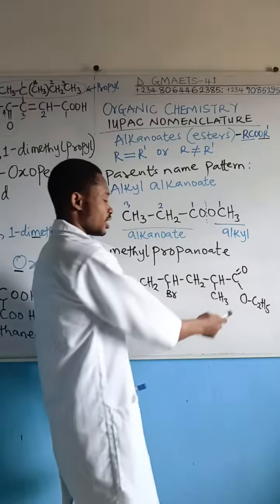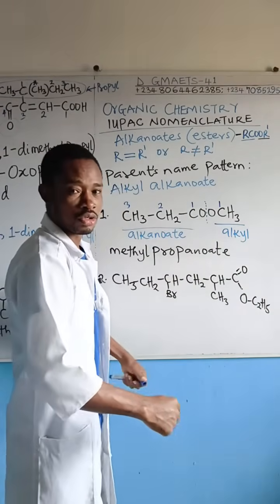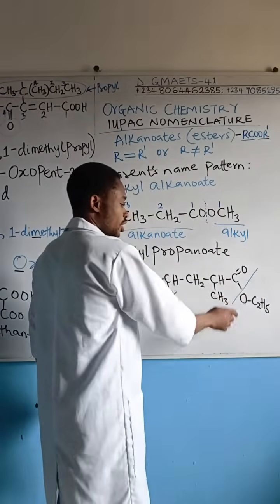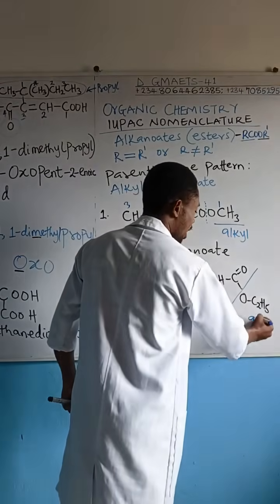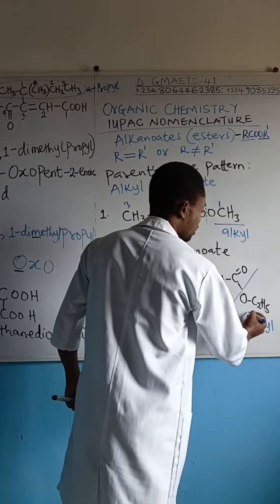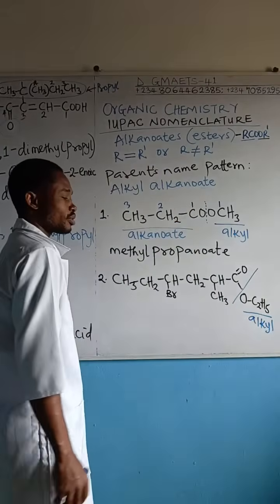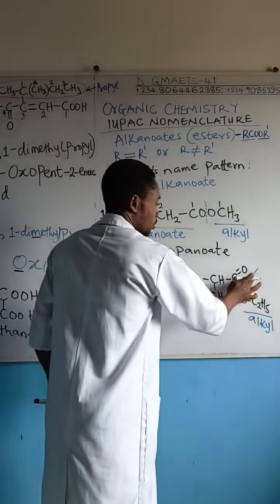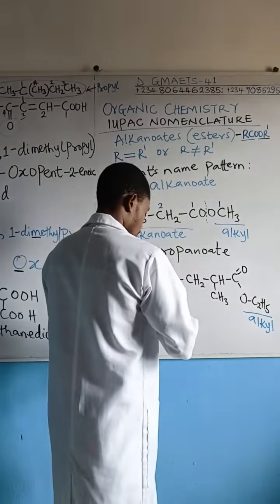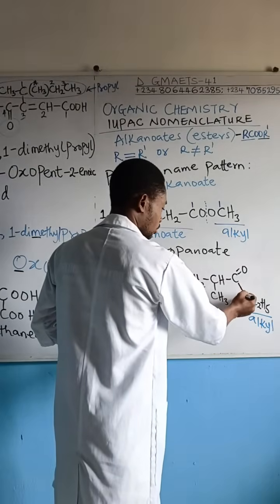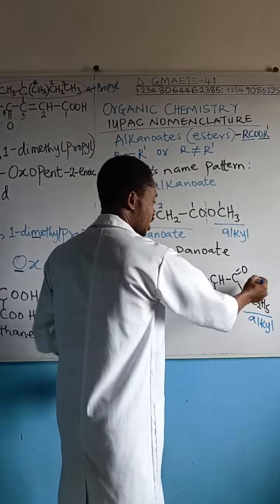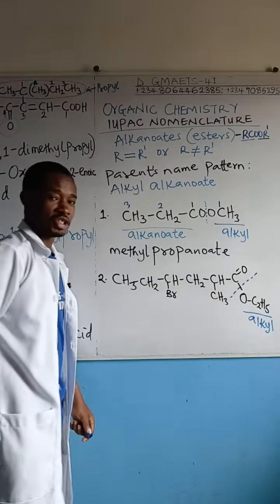So this part is from the alkanol. What do you do? You split. Here will be the alkyl part. This part will be the alkyl part. Like I said, you always split between the two oxygens.